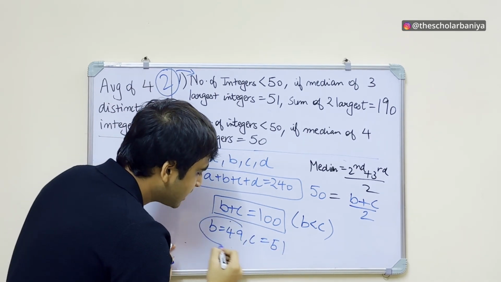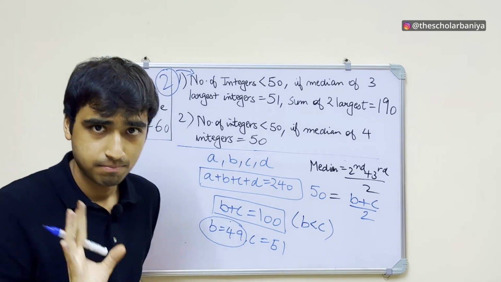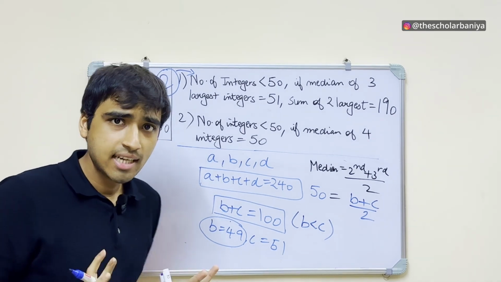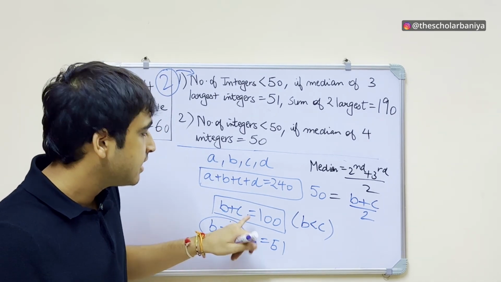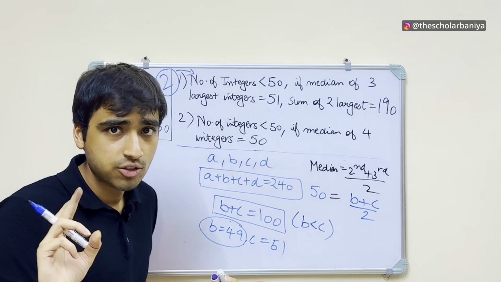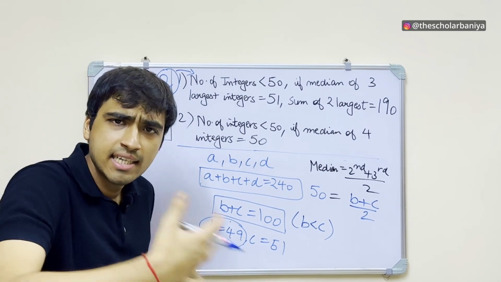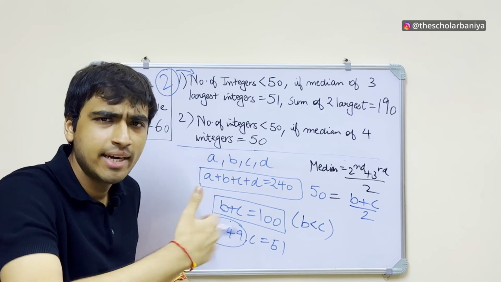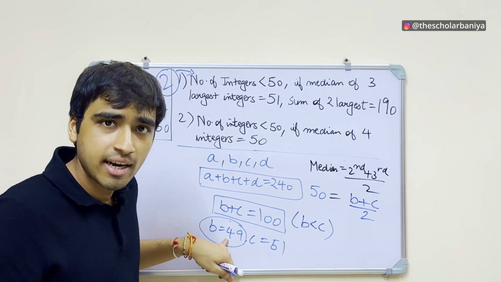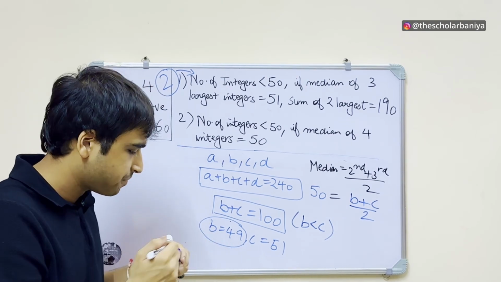This is the maximum value of B possible. Are you understanding it? These two can never be equal because it is given in the question. So the maximum possible value of B is 49. Obviously it can be 48, 47, 10, 20, whatever, but the maximum value of B is 49.